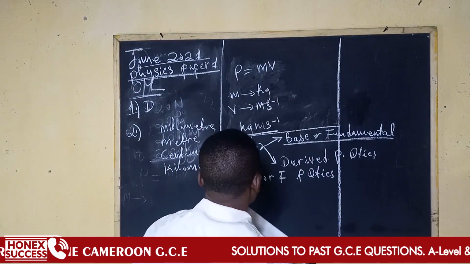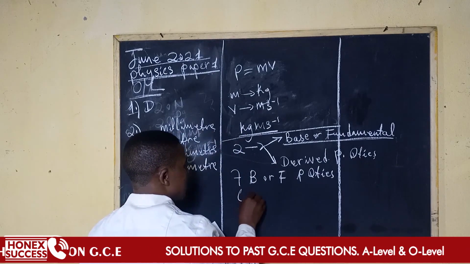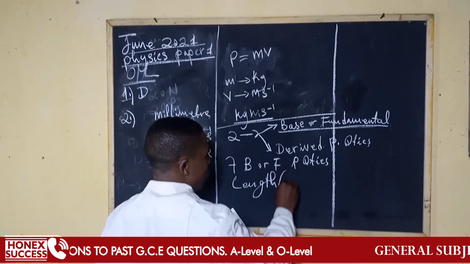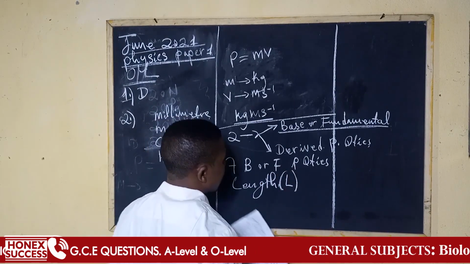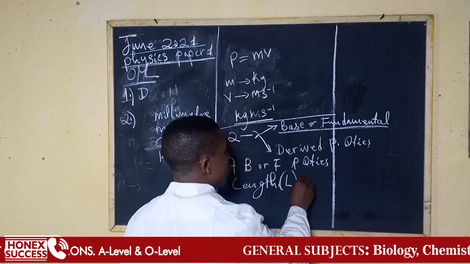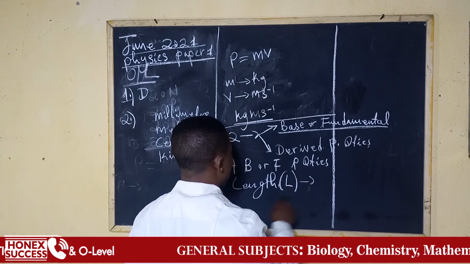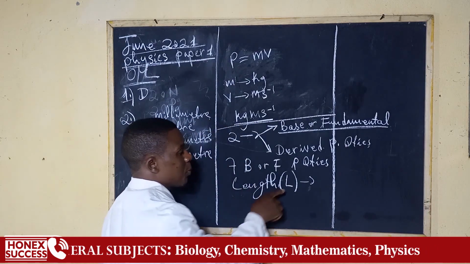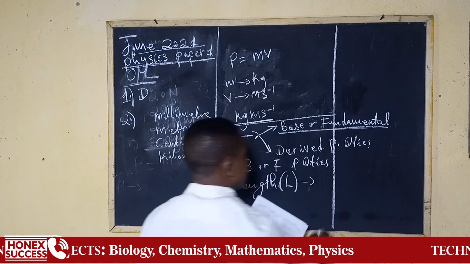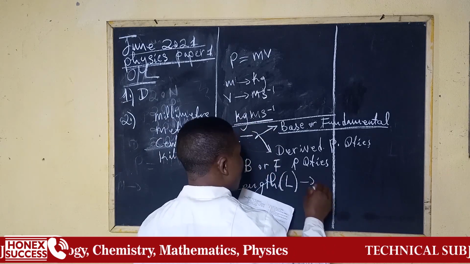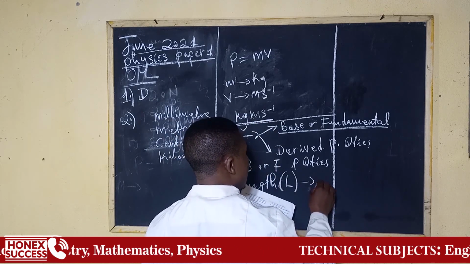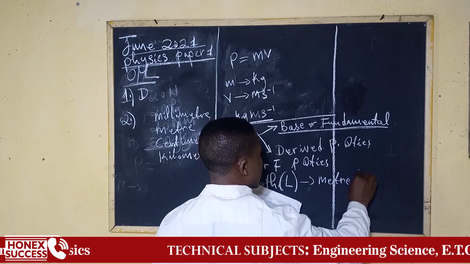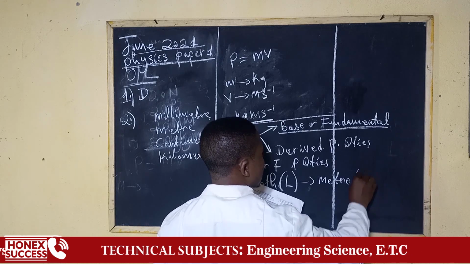Now, since length is a base physical quantity, the unit of measurement of length will give us also a base unit. So the SI unit of measurement of length is simply the meter, which is in bracket small m in bracket.